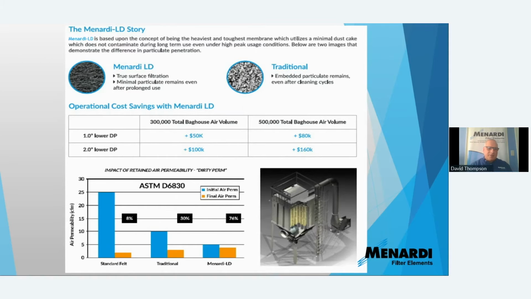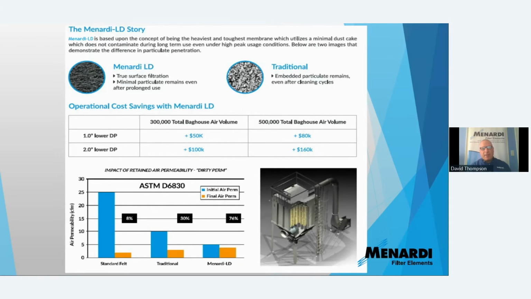Bags fabricated using low drag membrane or LD membrane are more expensive. There's no doubt about it. There's probably a 20% upcharge on the price per bag. But you save energy consumed to run your fans, especially variable frequency fans.